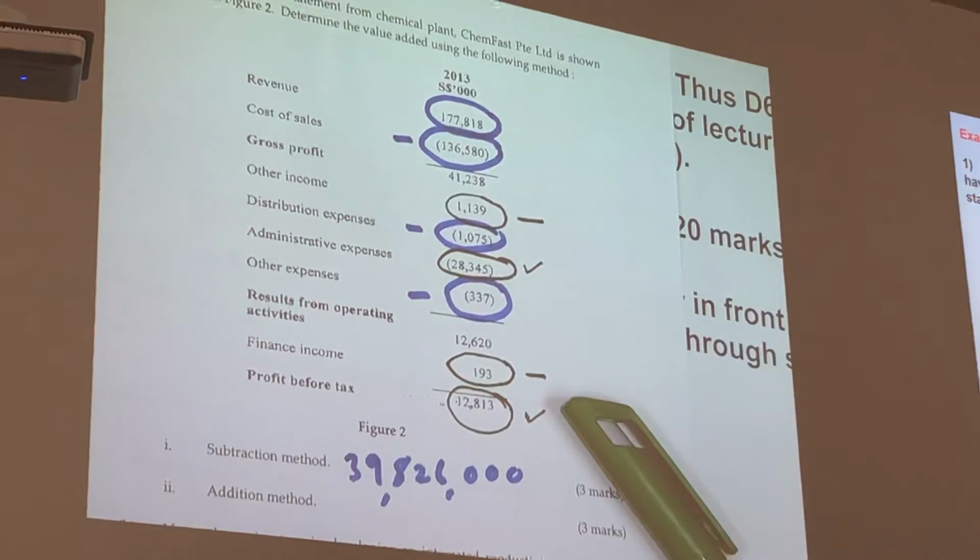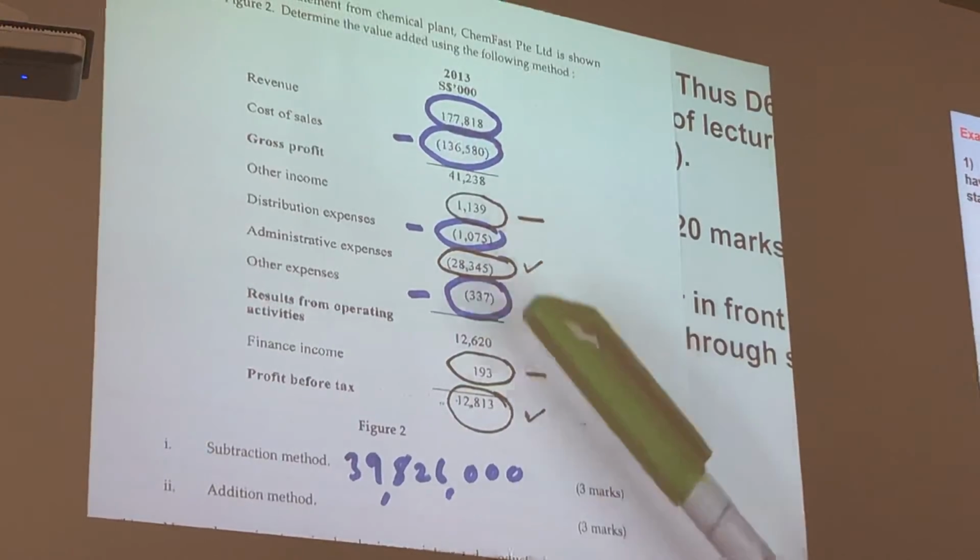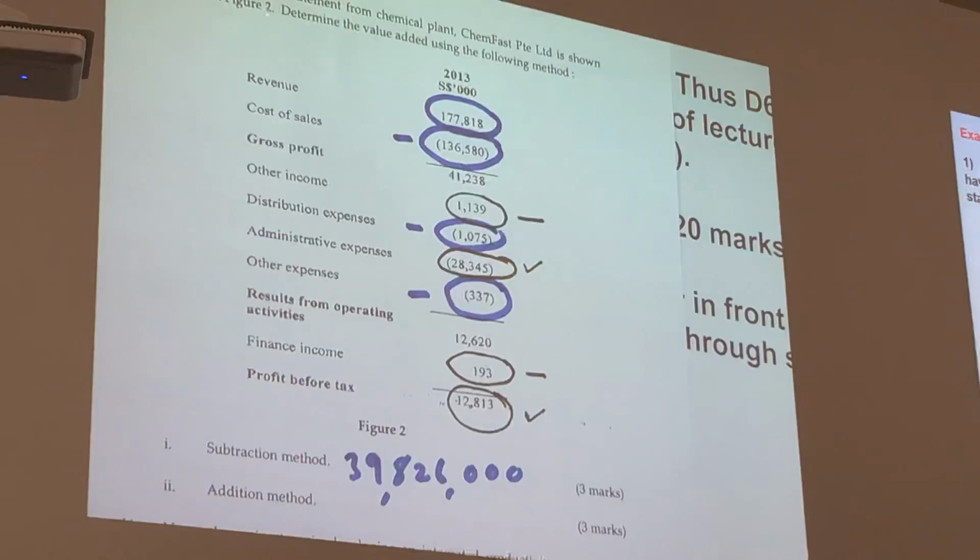To buy equipment that is relevant to your main organization activities, am I right? So finance income is not. Like you put last year's profit before tax into the bank, then you get the interest payment. But it's not related to your main activities, am I right? So what you do? Add back everything.